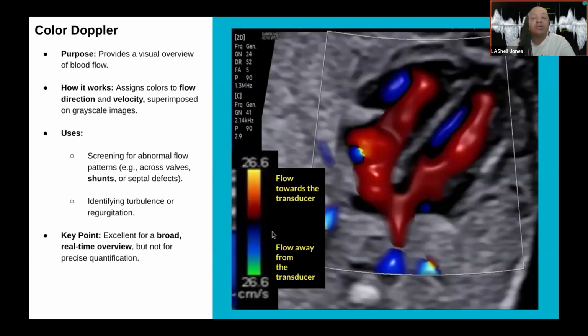And then below the baseline is flow away from the transducer, which is the blue and green colors. Okay. Now, once again, to reiterate, screening for this will be for abnormal patterns across the valves. We can see regurgitation, turbulence, and then across the septum, we're able to detect those shunts. Okay.